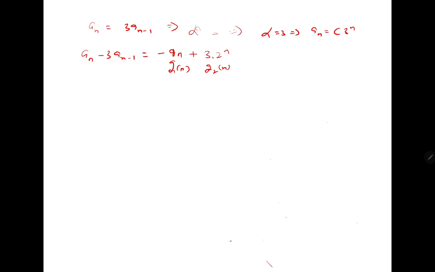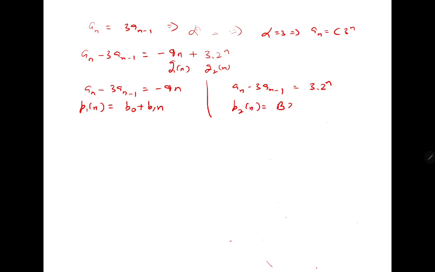So for example, I need to find the particular solution when an minus 3a(n minus 1) is equal to minus 4n and an minus 3a(n minus 1) is equal to 3.2 raised to the power n. In this case my p1n is b0 plus b1n. In this case my p2n is B times 2 raised to the power n.